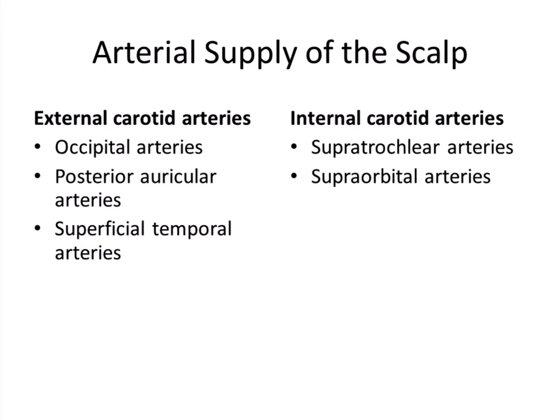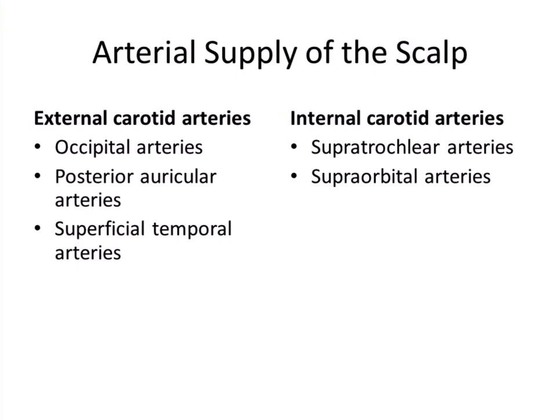So the blood supply comes from both the external and internal carotid arteries. The external carotid shares 3 main arteries, while the internal carotid gives only 2 small arteries, the supratrochlear and supraorbital arteries.